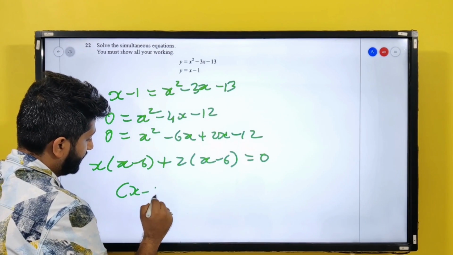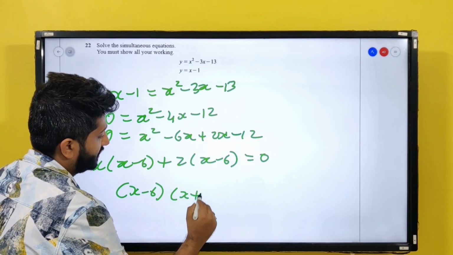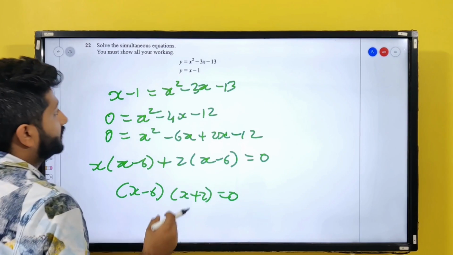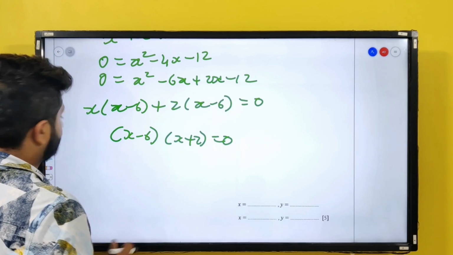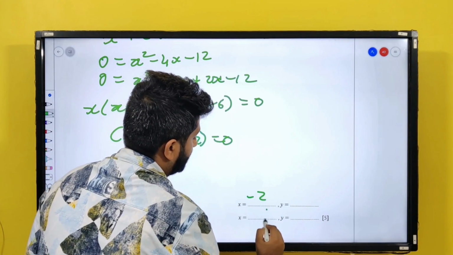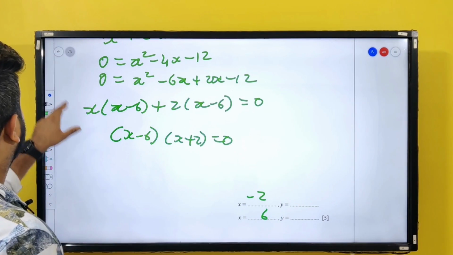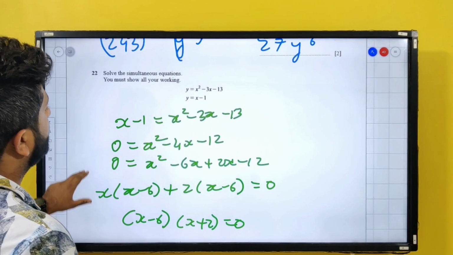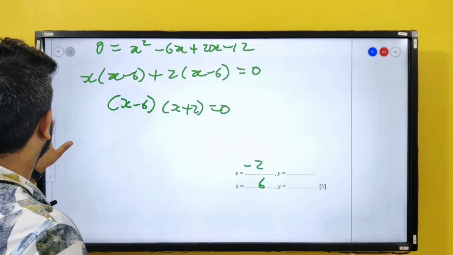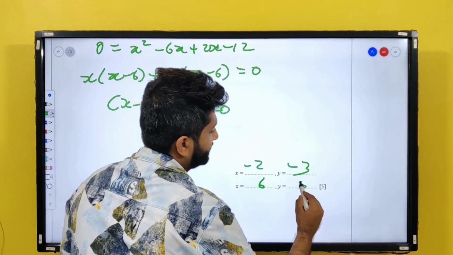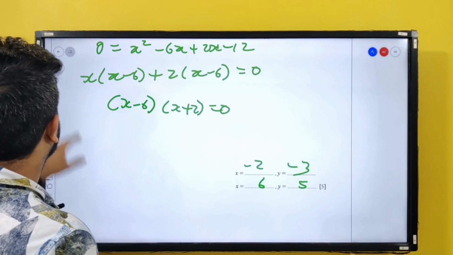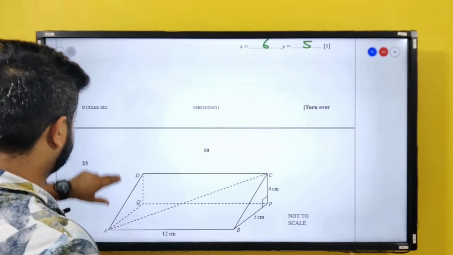So you have x minus 6, x plus 2 equals 0. So your two values of x are minus 2 and 6. And your y is x minus 1. So minus 2 minus 1 is minus 3 and 6 minus 1 is 5. So these are my values of x and y.